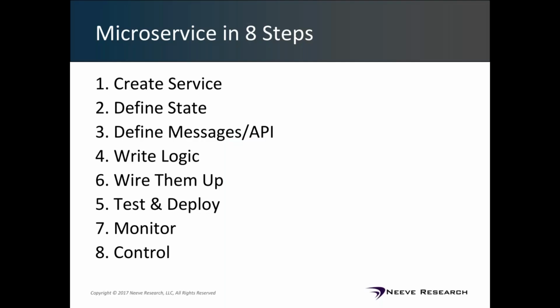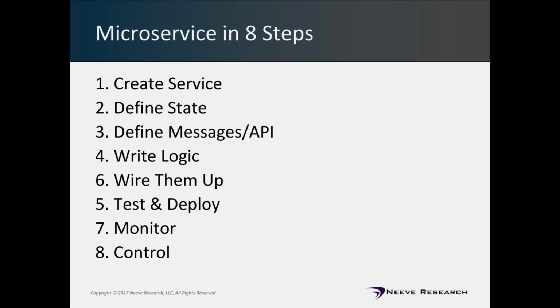But meanwhile, let's talk about microservices in 8 steps. Effectively, the 8-step model in X is about being able to work with the lifecycle of a microservice. That lifecycle is comprised of being able to create a service, which is done very easily, to manage and define your state, define your messages, and write business logic.